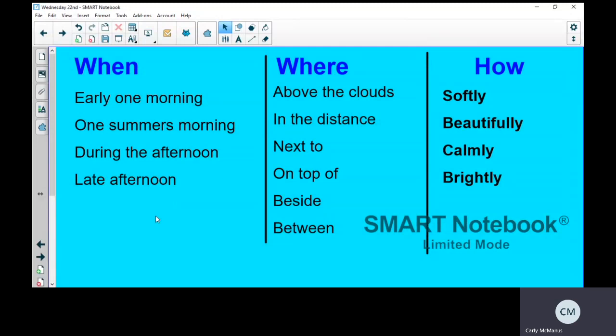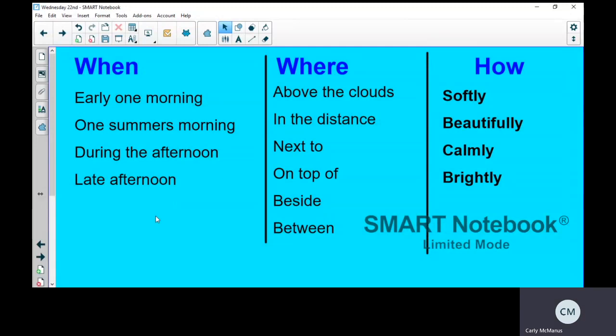So what I would like you to do in a minute is to look at the picture, and then I would like you to come up with some of your own fronted adverbials for when, where, or how. Now, you can use mine, but I also want you to come up with a couple of your own. So choose ones that I haven't done already. You might want to split your page into 3 and do it as a table, like when, where, and how, and then have them in the sort of format that I've got them.